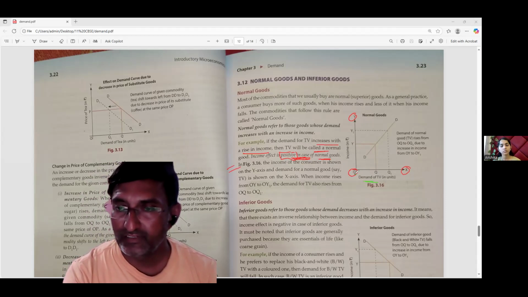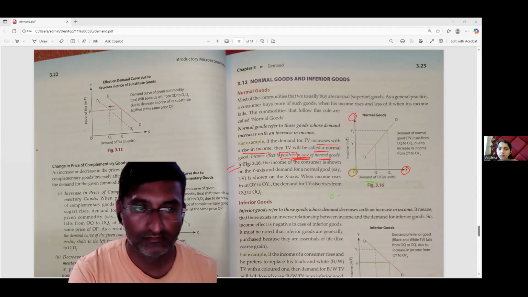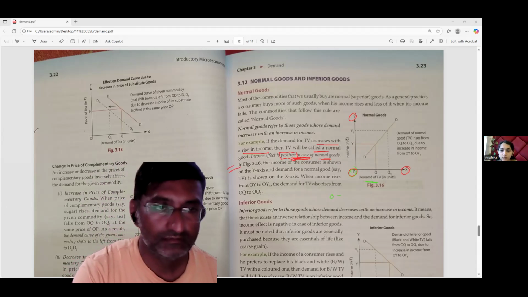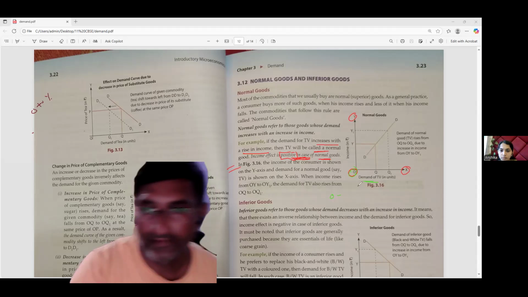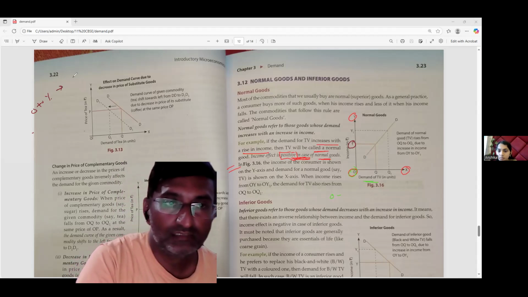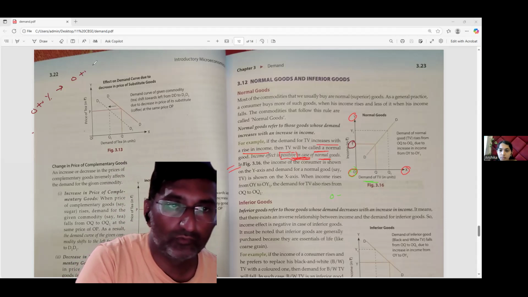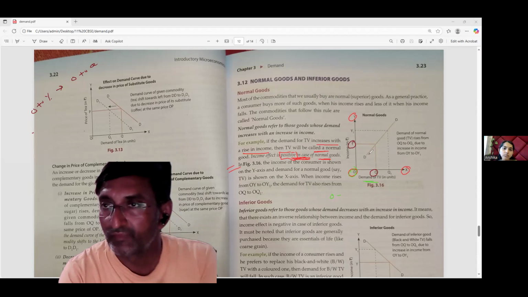When the income of Mr. X was O2Y, the demand for the TV was O2Q up to this point.